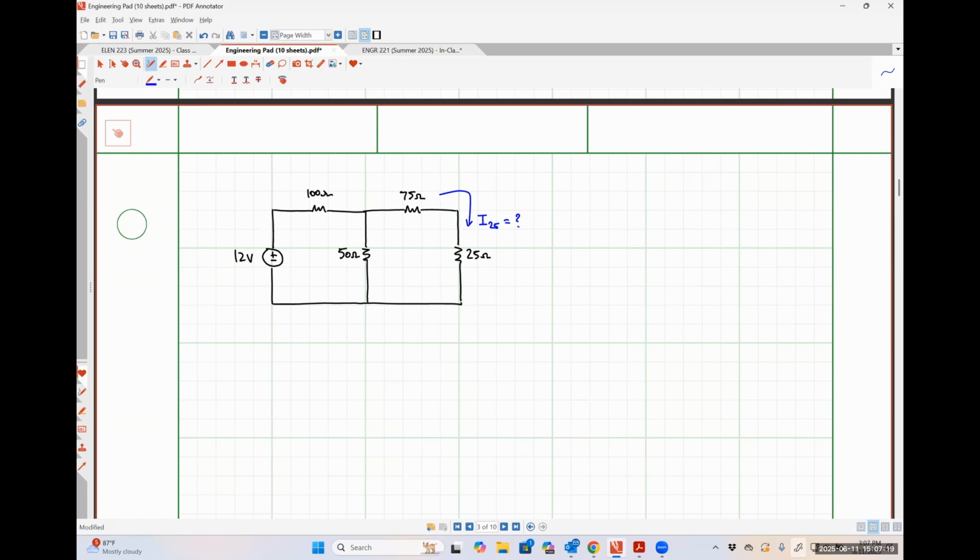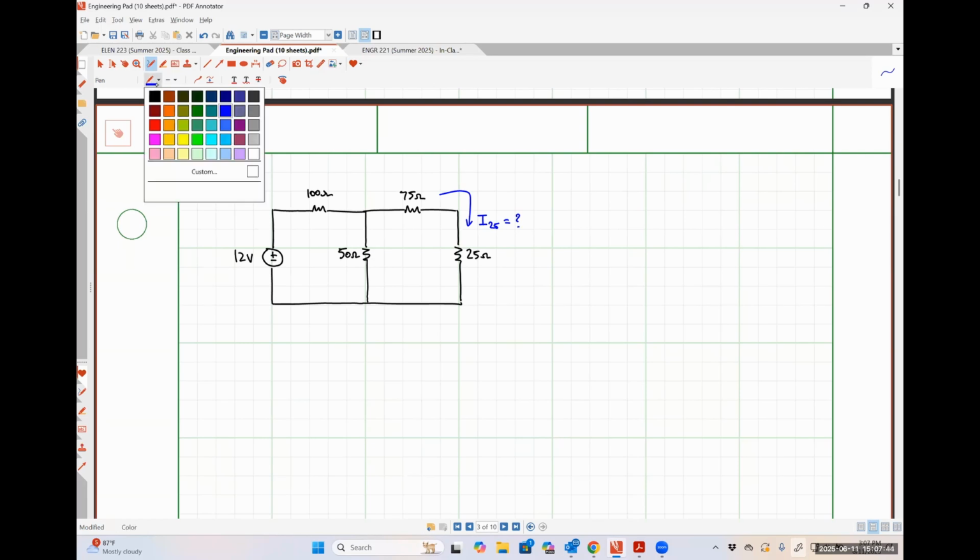I'm never going to be able to make that 12-volt source not in series with that 100 ohm resistor. So I'm going to try to simplify this down to something where I only have things connected in series.